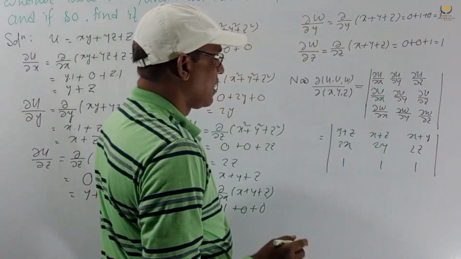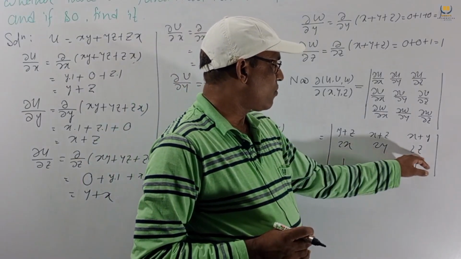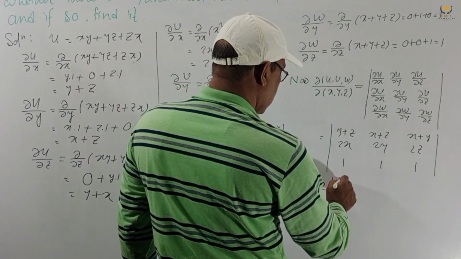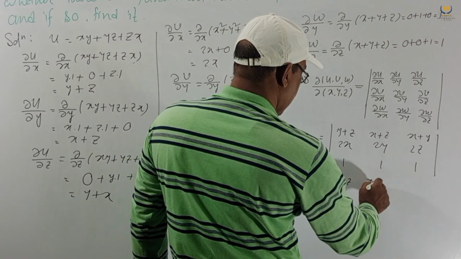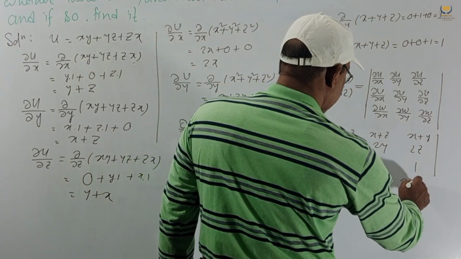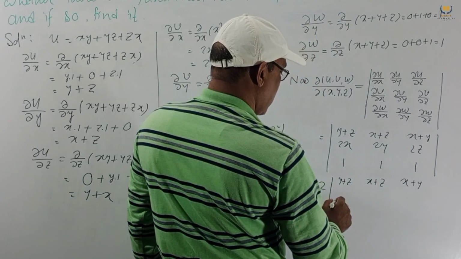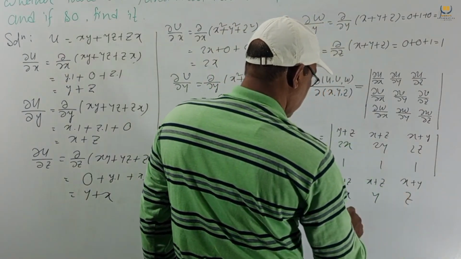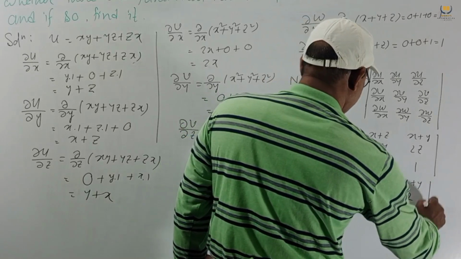From the second row we take 2 common. Then we get y plus z, x plus z, x plus y; x, y, z; and 1 1 1.